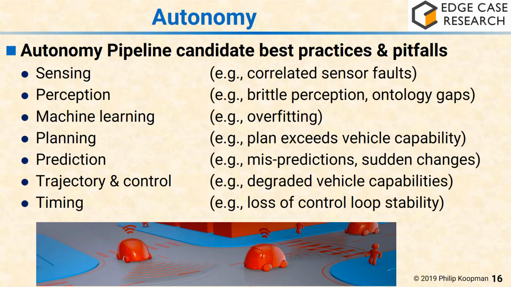For perception, it talks about brittle perception and ontology gaps. For machine learning, there's good practices, good data hygiene. Certainly you have to argue that you're not overfitted. It talks about planning, prediction, trajectory control, and timing. And so each section is a catalog of good practices, some typical bad practices, and you have to argue in each section that that piece will be sufficient to give you system level safety the way you've defined it.